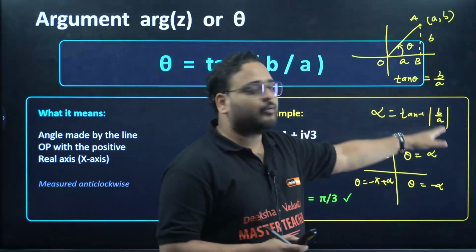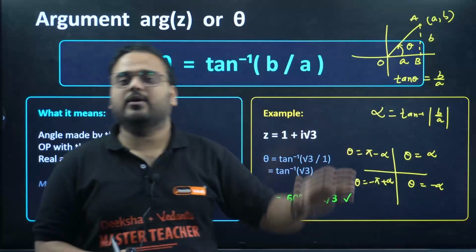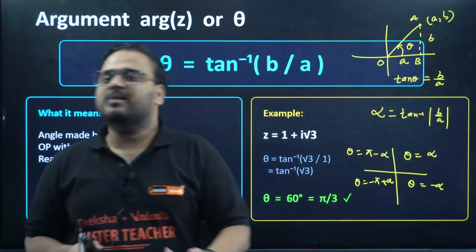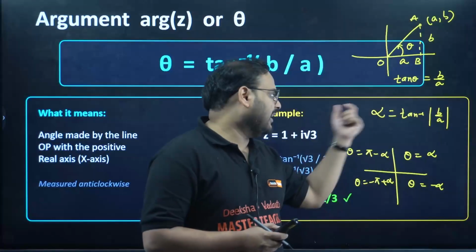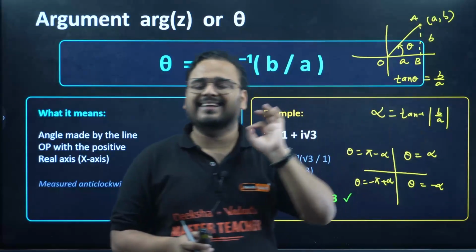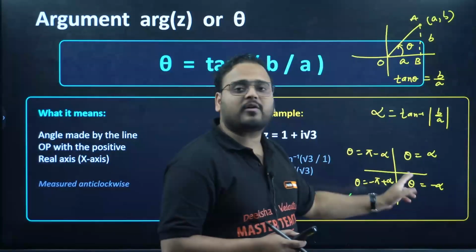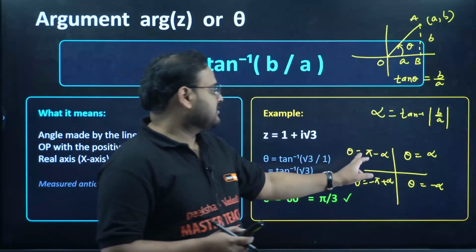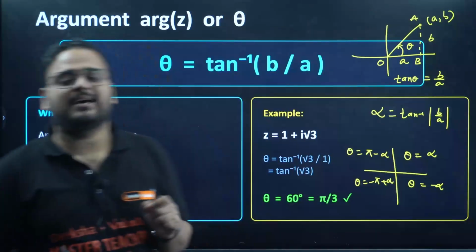Take the modulus of the value which is given, because usually it will be negative also if it is in the 3rd quadrant, or 2nd, or 4th. Then take the modulus and find that particular value of alpha. If the point lies in the 1st quadrant, alpha is the same as theta. If it is in the 4th quadrant, it is minus alpha. 2nd is pi minus alpha, and the 3rd quadrant is minus pi plus alpha.